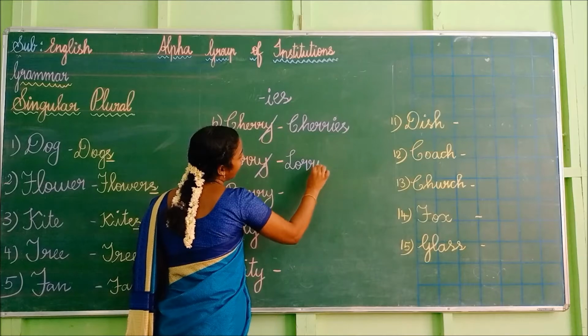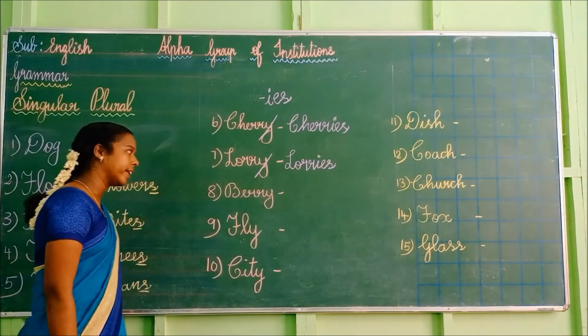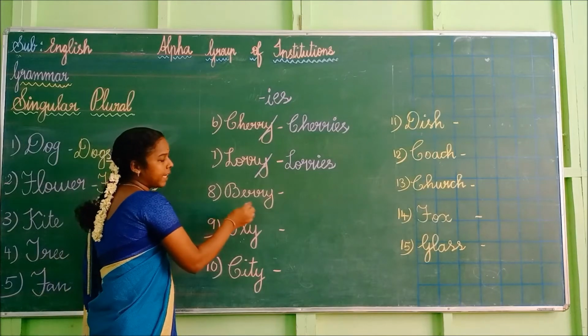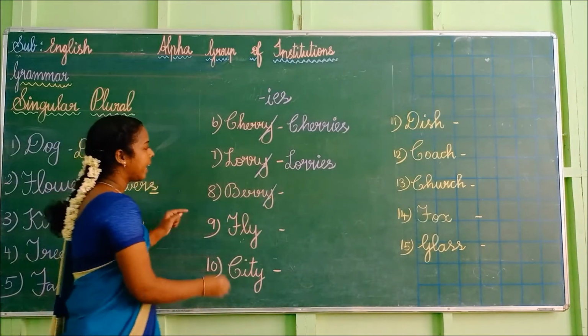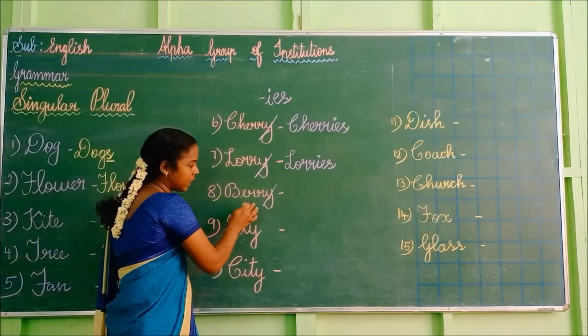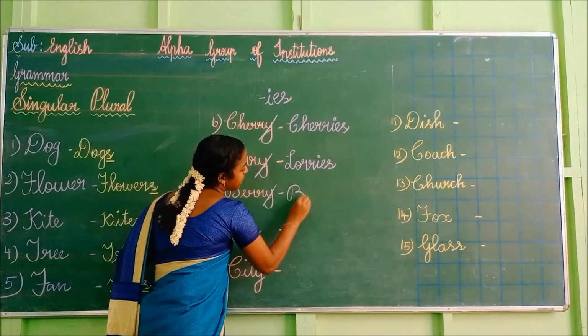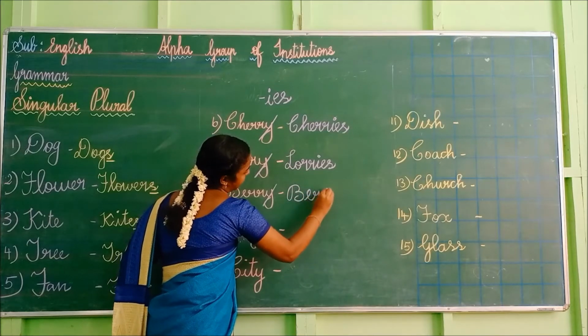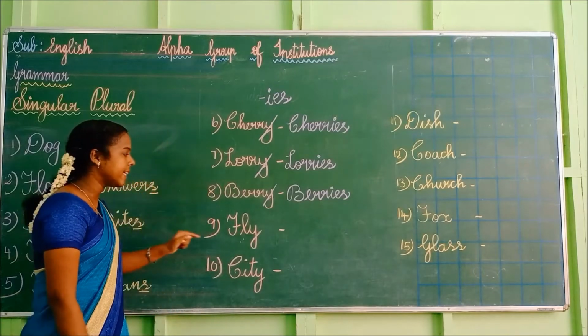Lorry, lorries. The plural form of lorry is lorries. Berry. Berry also ends with the letter Y. So remove Y and add I-E-S to the singular noun to make the singular into plural. So berry, berries. The plural form of berry is berries.